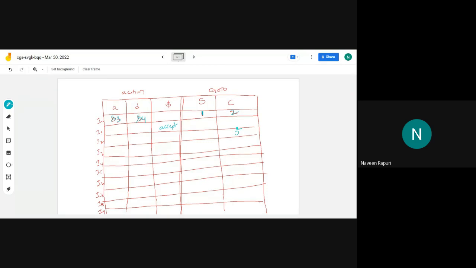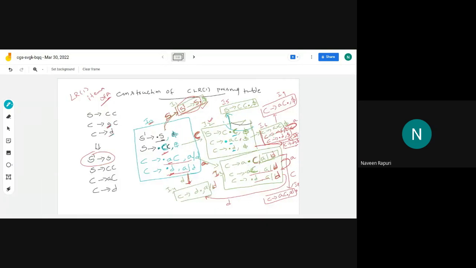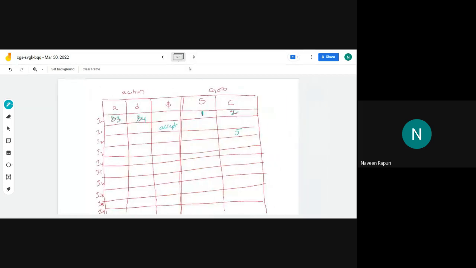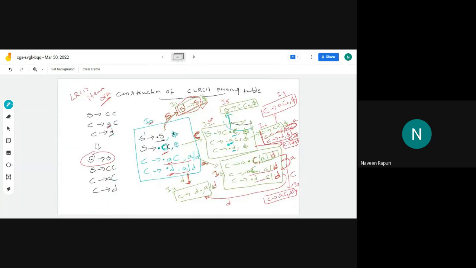And I2 on small a, it is moving to I6. That means I2 on small a is S6, because that is the terminal.